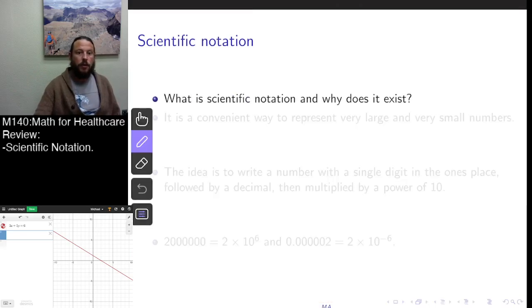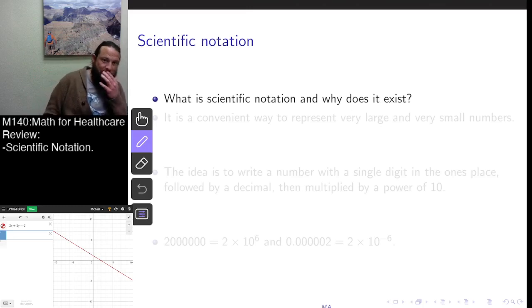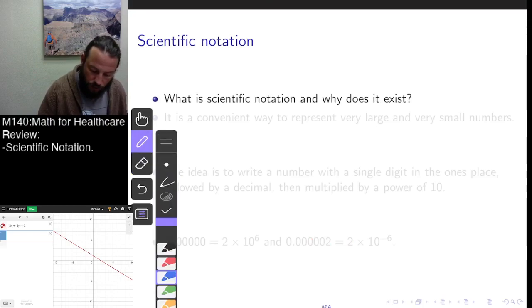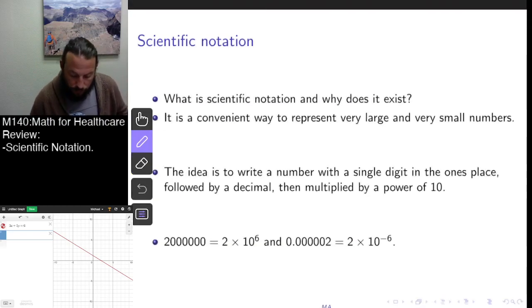All right. So, what is scientific notation and why does it exist? The basic answer is that it's for representing very large and very small numbers.